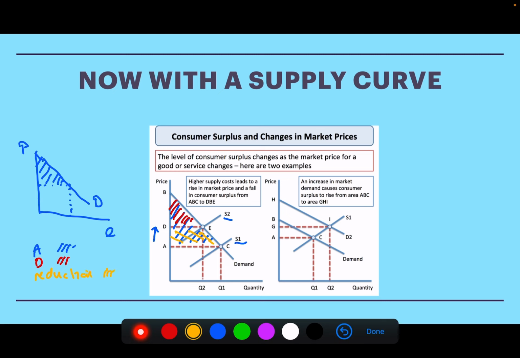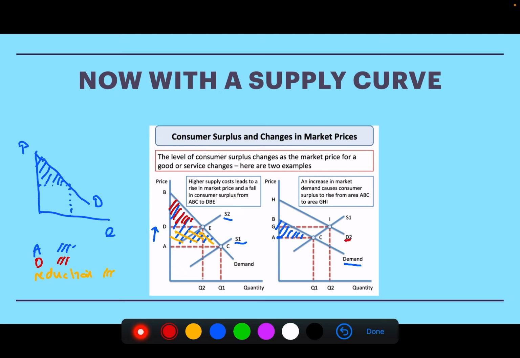Now the one on the right is a little bit more confusing. Our original consumer surplus is, because we've got two demand curves this time, so that makes it harder. So our original consumer surplus is at price A, and we're using demand curve D, so it's going to be this area. Our new consumer surplus, now we're using demand curve D2.